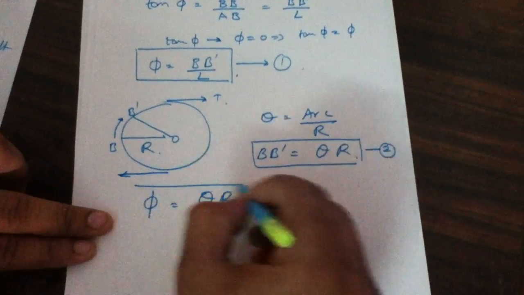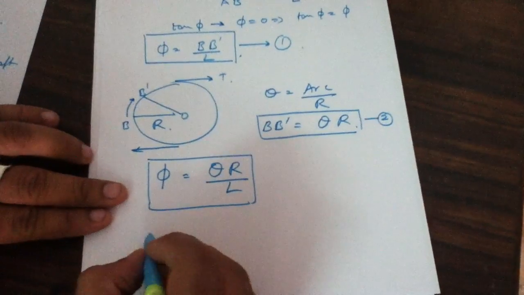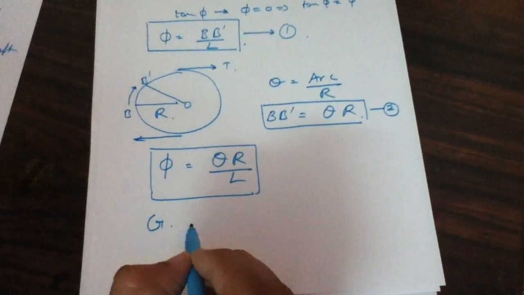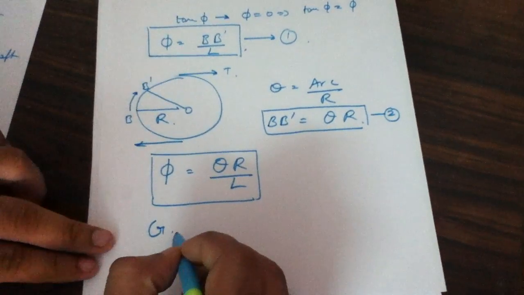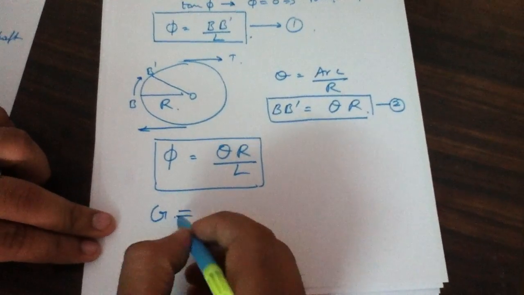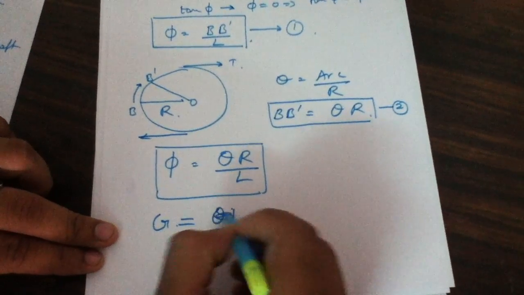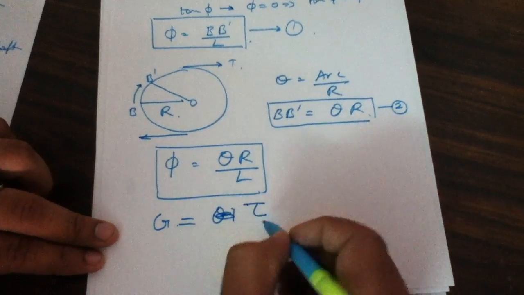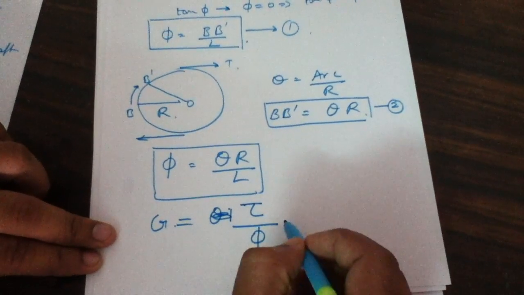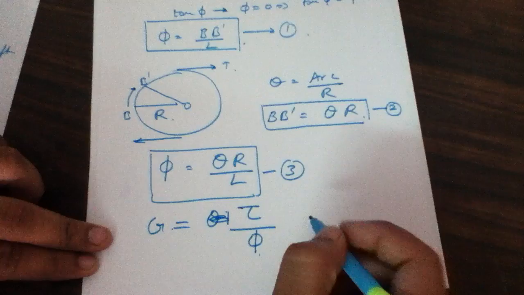So finally we came to one conclusion, and now let me say that shear modulus, modulus of shear stress, is equal to shear stress by shear strain, where we already know this shear strain in equation 3.